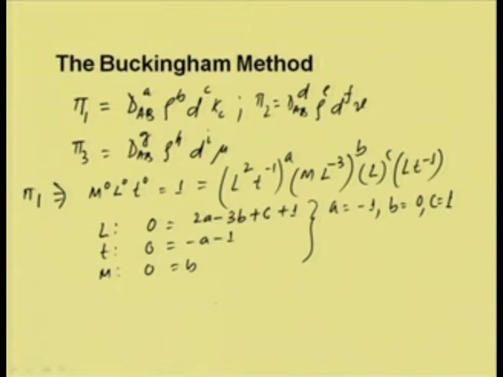With this, having obtained the powers of these variables, pi 1 will be K c d divided by D A B, which is known as Sherwood number, and it is analogous to the heat transfer dimensionless group, which is Nusselt number.